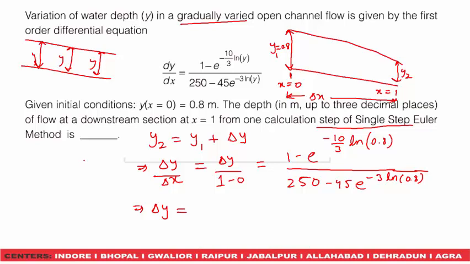So this is 1 minus 2.1039 divided by 250 minus 45 into e to the power minus 3 into natural log of 0.8, e to the power answer, into 45.